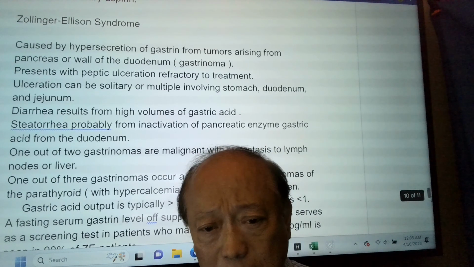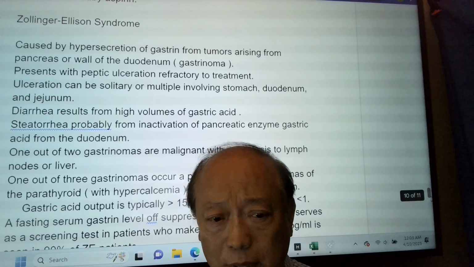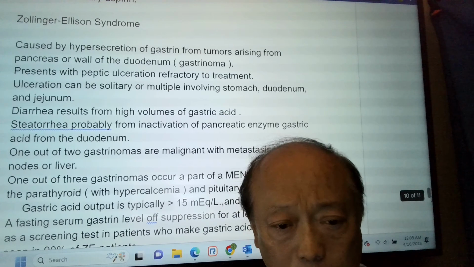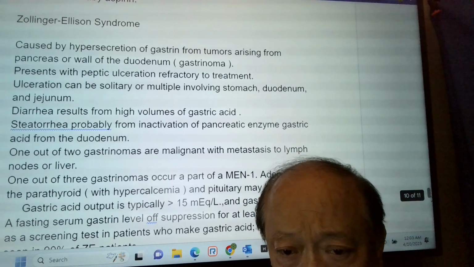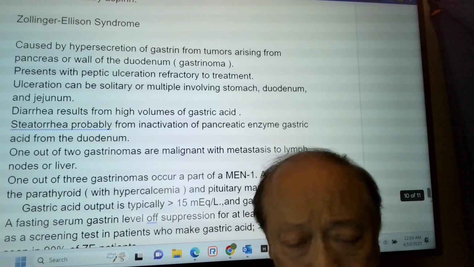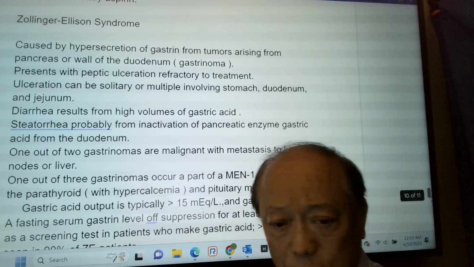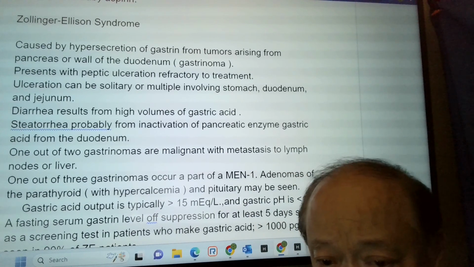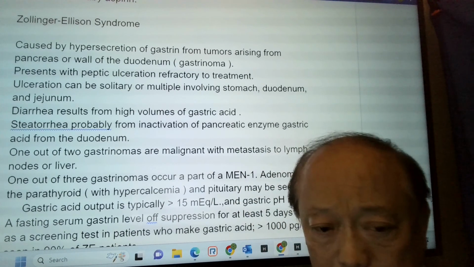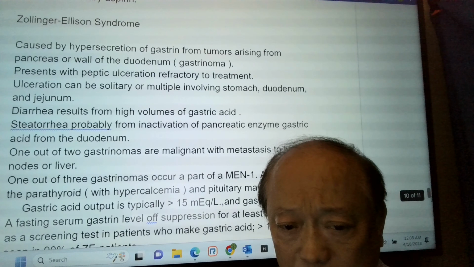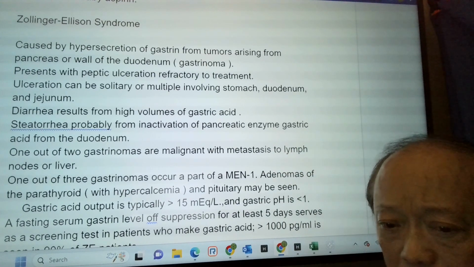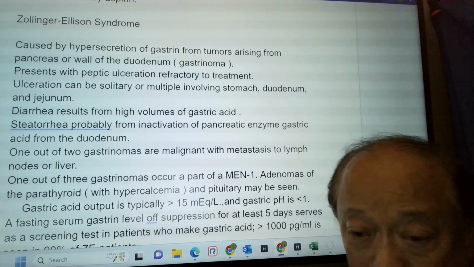Steatorrhea is probably from inactivation of pancreatic enzymes by gastric acid from the duodenum. 1 out of 2 gastrinomas are malignant with metastasis to lymph nodes or liver. 1 out of 3 gastrinomas occur as part of MEN1, with adenomas of the parathyroid gland with hypercalcemia, and the pituitary can be involved.